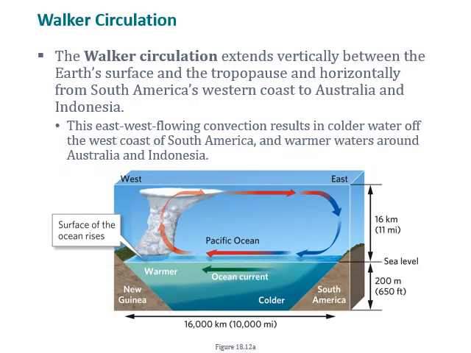The Walker circulation extends vertically between the Earth's surface and the tropopause and horizontally from South America's western coast to Australia and Indonesia. This east-west flowing convection results in colder water off the west coast of South America and warmer waters around Australia and Indonesia.